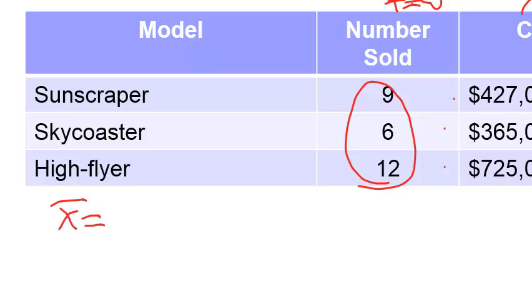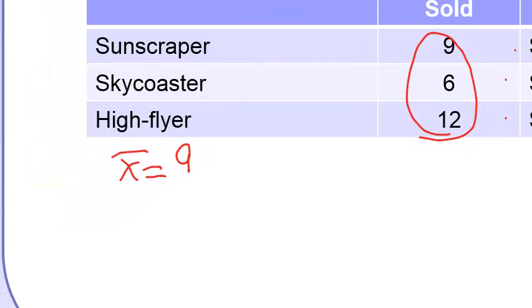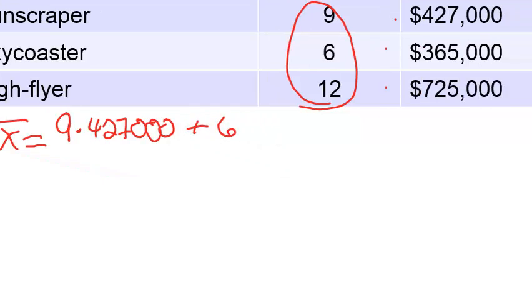Okay? So we're going to take the number of Sunscrapers, 9, times how much they cost, 427,000, plus, I'm sorry, that was the Sunscrapers.